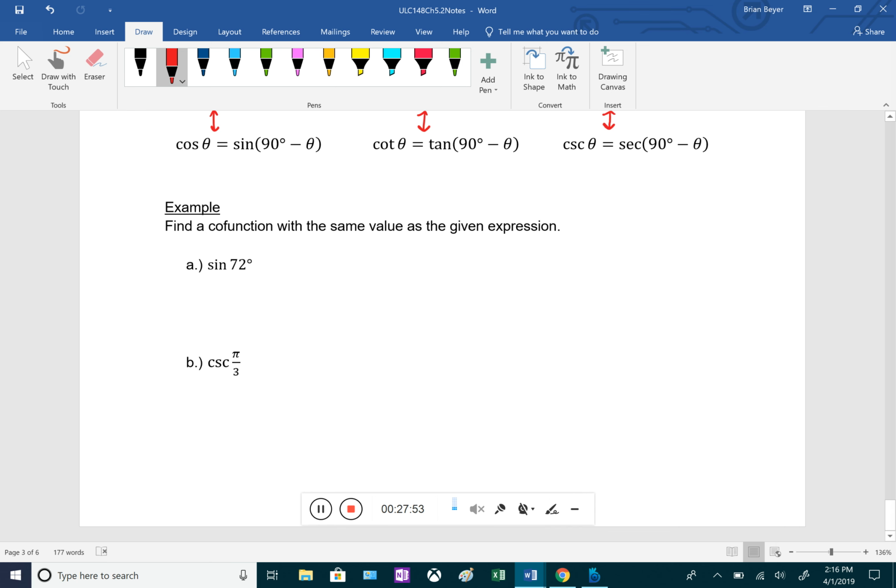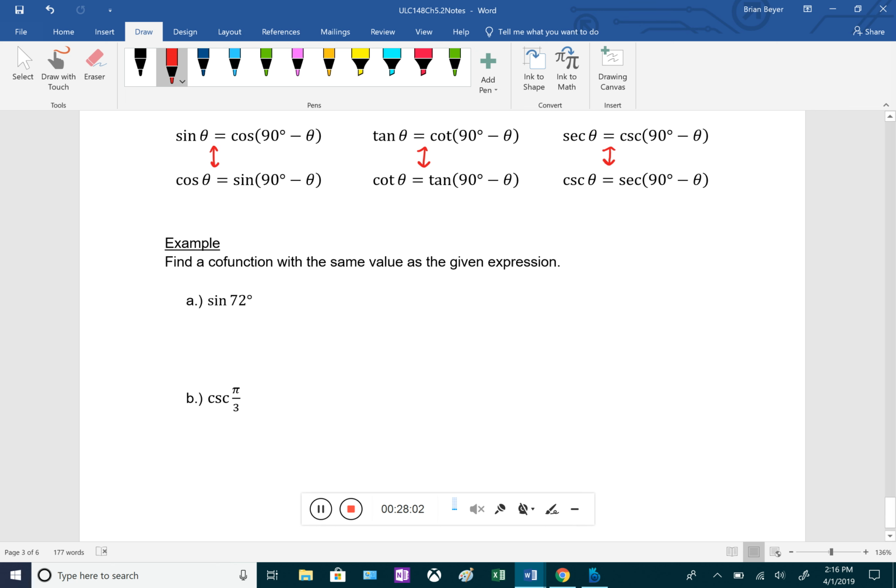So let's do these last couple examples here. We have: find a cofunction with the same value as the given expression. So sine of 72 degrees. We're going to be using this first cofunction up here because it's dealing with sine. Sine of theta equals cosine of 90 degrees minus theta.